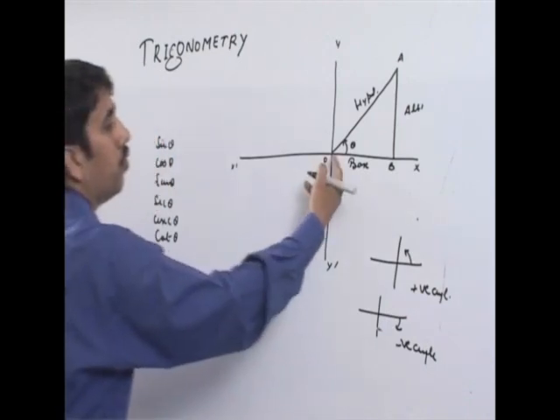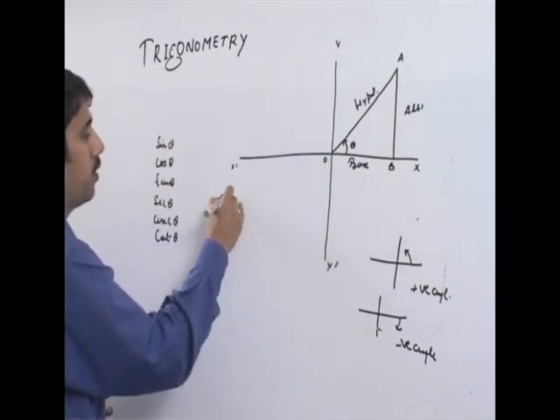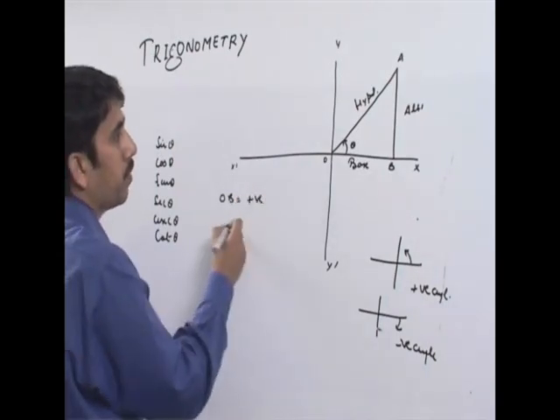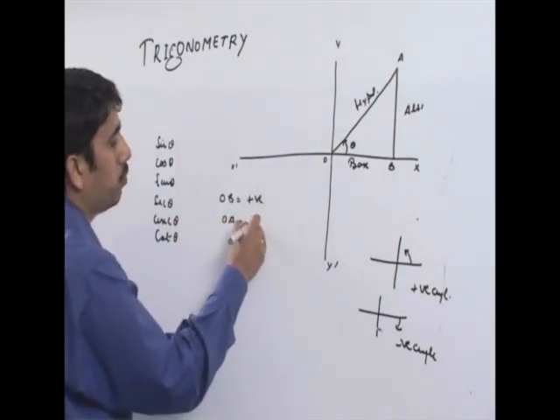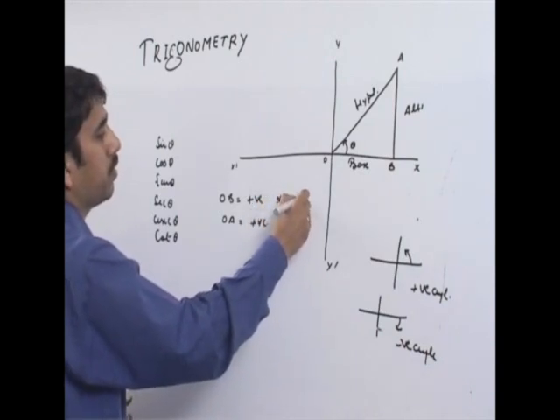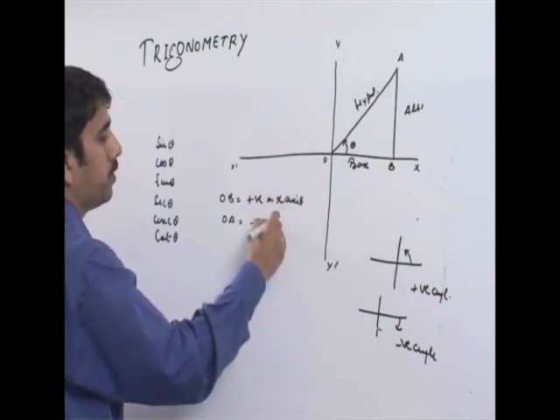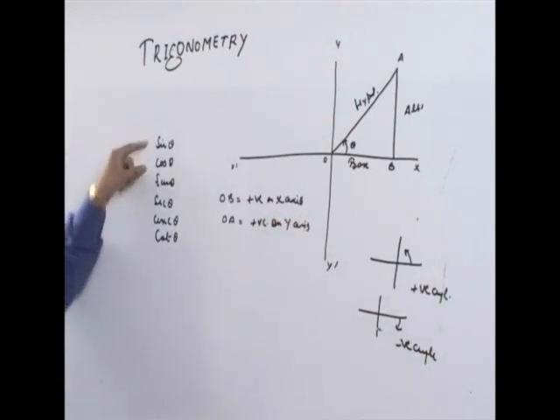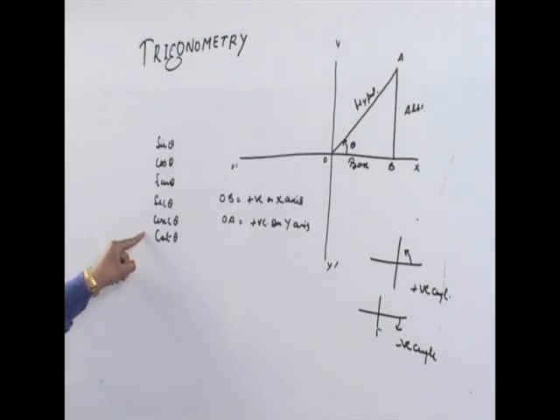Now OB is on positive axis and OA is also positive. This is on x-axis and this is on y-axis. Therefore, all these trigonometric functions will be positive.